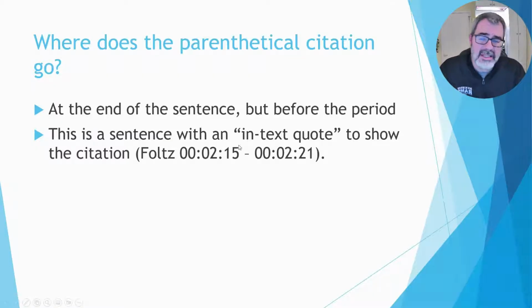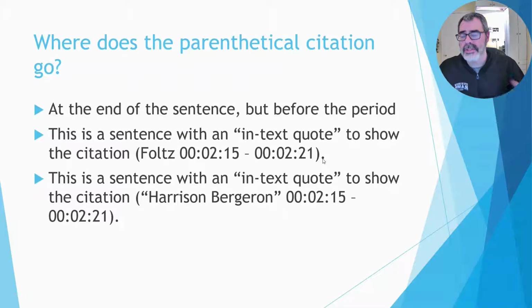Notice it says that this is a sentence with an in-text quotation or quote to show the citation. Notice that the citation doesn't go after the quotation marks, but rather it goes at the end of the sentence before the period. And then, of course, if you had a title instead of the author's name, you would put the title here again in quotation marks at the end of the sentence. And again, the period comes after the citation.